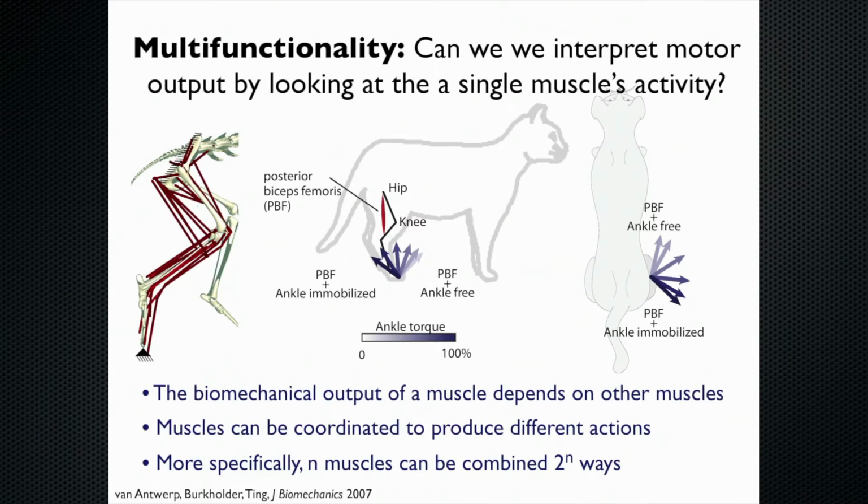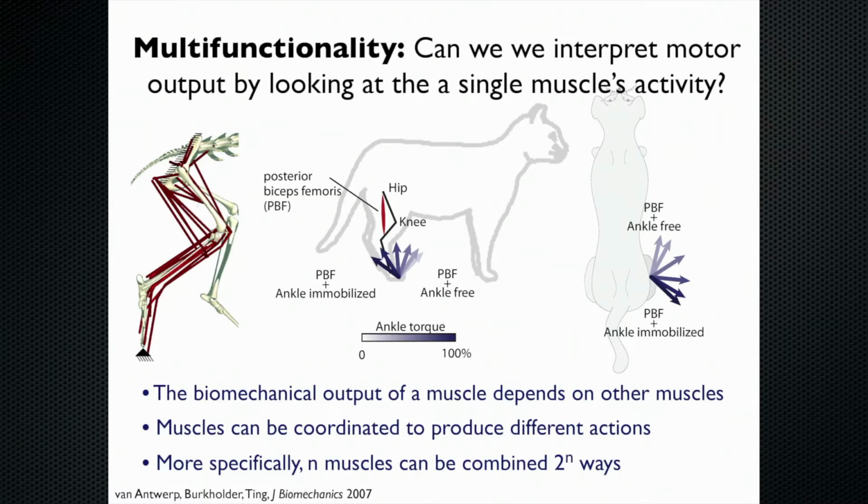And what we can learn from a biomechanical model is that if we activate one muscle, say here the posterior biceps femoris, and we want to look at the actions produced at the toe here, the arrows represent the sort of acceleration or the force that's generated at the endpoint, and we can see that when I activate posterior biceps femoris, you can generate a backwards and upwards force if you completely immobilize the ankle, but as you reduce the amount of torque generated at the ankle, you can actually direct that force into different directions, where it could be more forward and more backward.